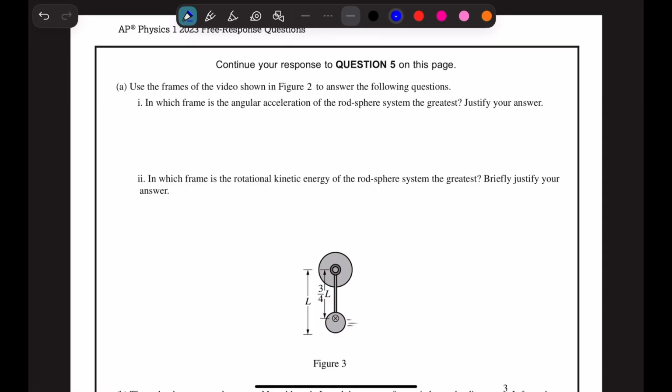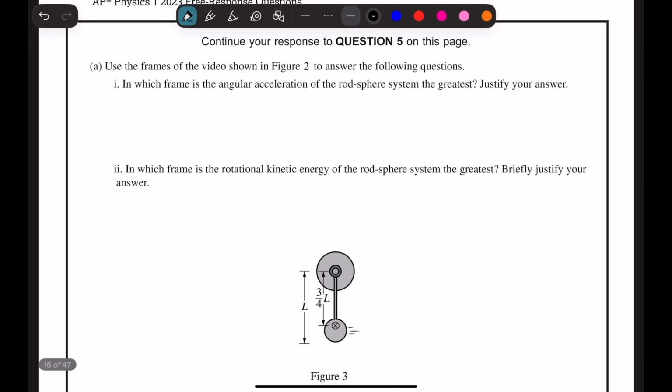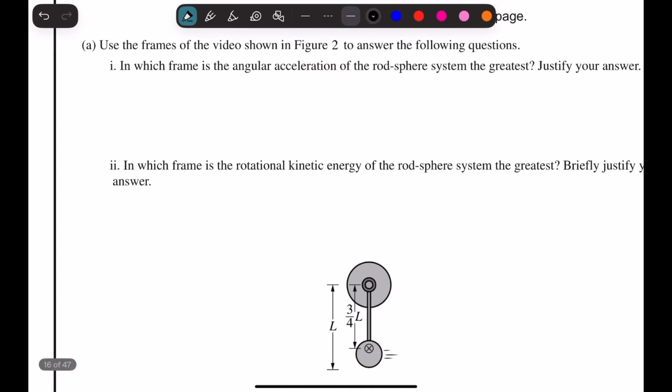Use the frames of the video shown in figure 2 to answer the following questions. In which frame is the angular acceleration of the rod-sphere system the greatest? And justify your answer. So we know that angular acceleration is related to torque: the angular acceleration is going to be proportional to the torque.